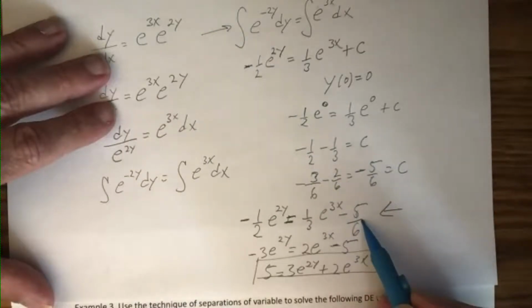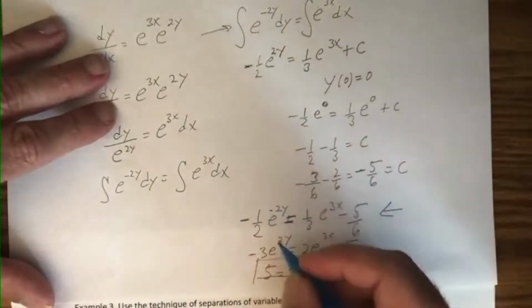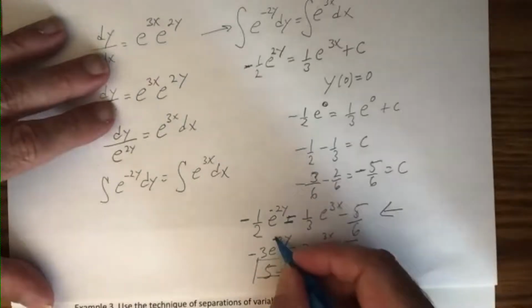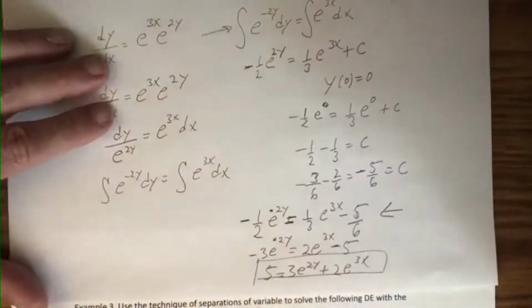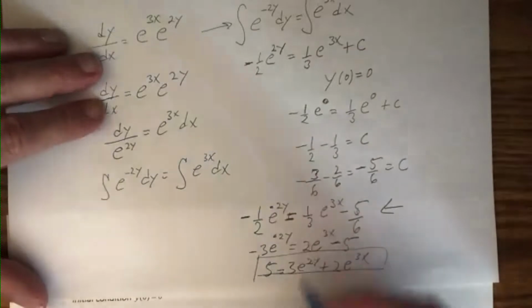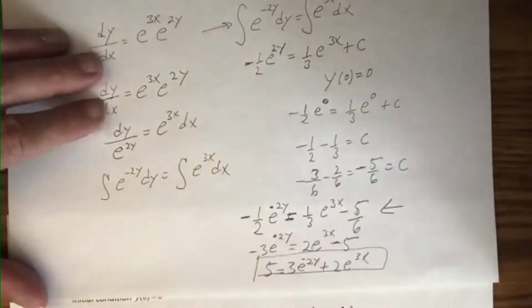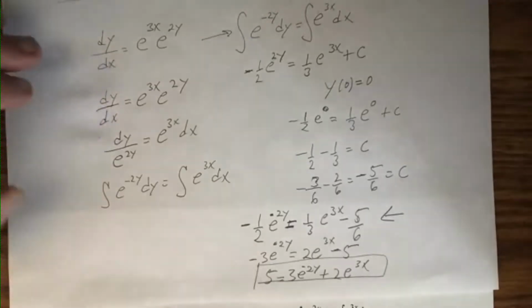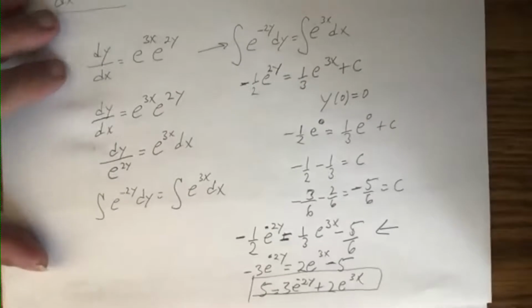Shouldn't it be e to the -2y? Oh, right. Good. Yeah, thank you. That's right. Very good. Yeah, I forgot the negative sign. Please, if you see I make a careless mistake, let me know. Copied that wrong.